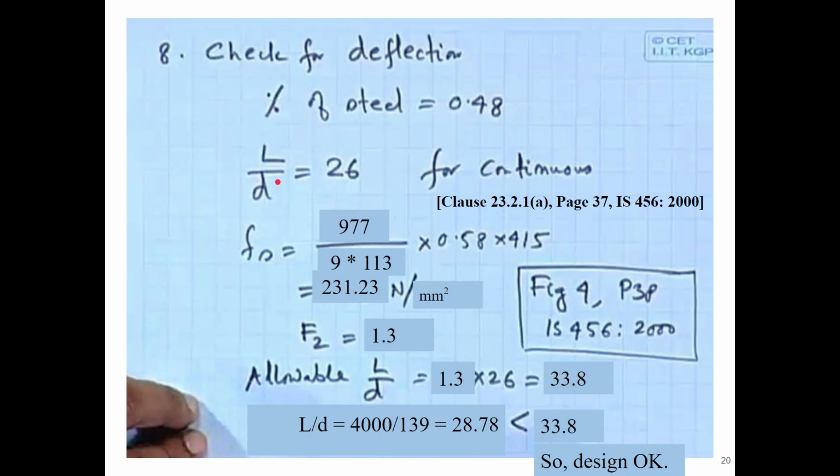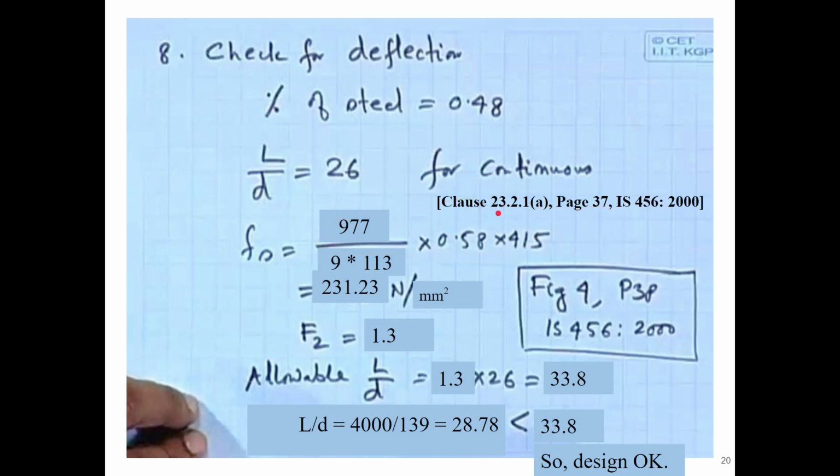The L by D value is the maximum allowable limit for continuous beams. We are taking it as continuous because the staircase is extended to the first floor, so we consider it a continuous member. It can go beyond the first floor also.